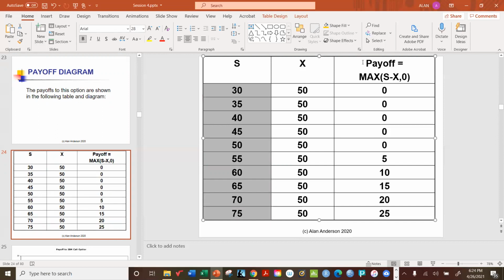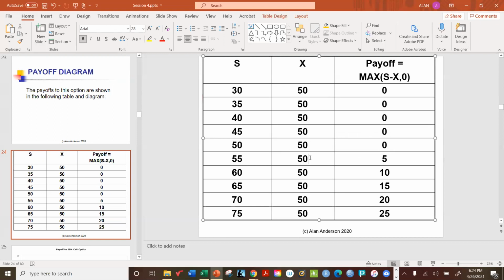And over here on the right, we've calculated the payoff. Now, the first thing to notice is that as long as S is not above 50, we're going to have a zero payoff. And that's because we would not exercise the option under any of these conditions. Once we get past that point, once S gets above X, every, in this case, $5 increase in the stock price adds $5 to our payoff.